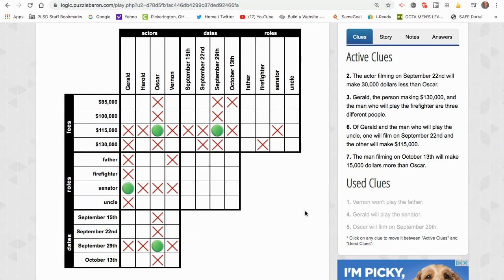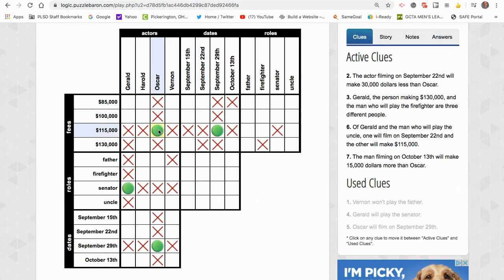So going through the clues once, we figured out 4 of the clues, but we still have more to go. So what we do is we go back to our clues and see if they give us additional information, because we've figured some things out. And so we now have new information that we can use. So this one is the actor filming on September 22nd, which is right here, will make $30,000 less than Oscar.